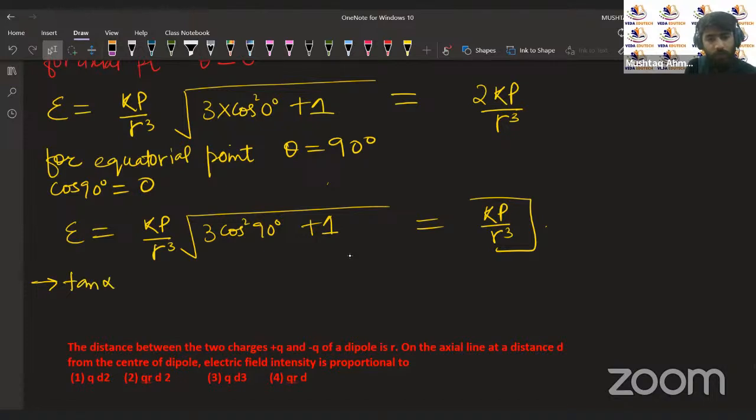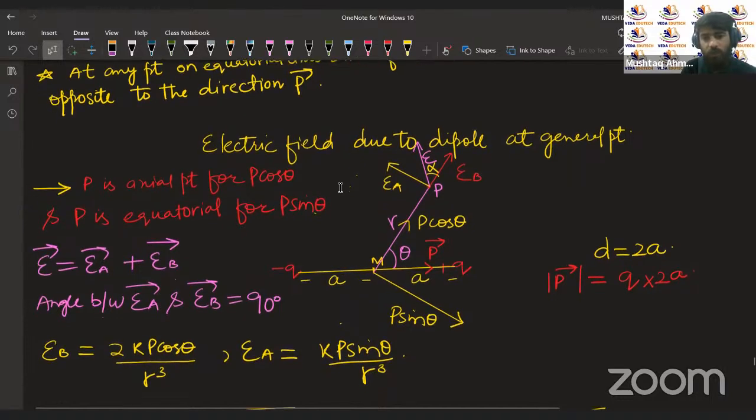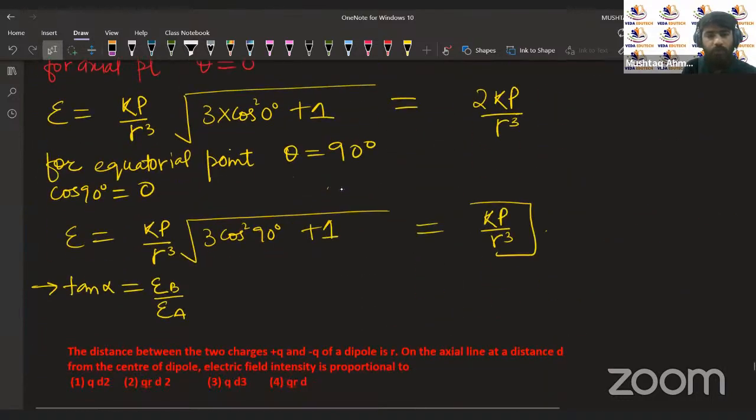It will be EB upon EA, right? Sorry, it will be EA upon EB. That will be the tan of alpha, right?